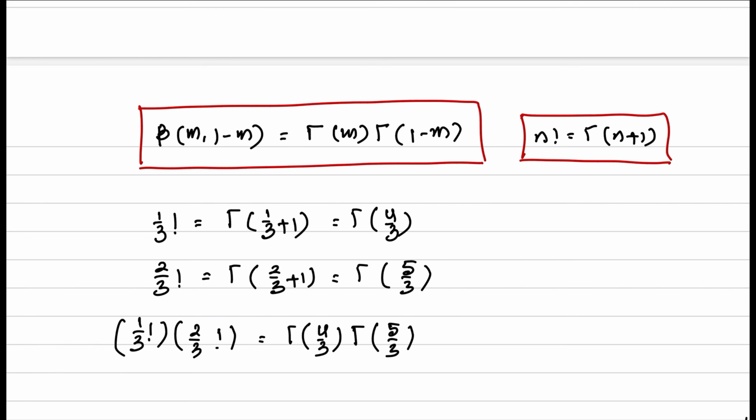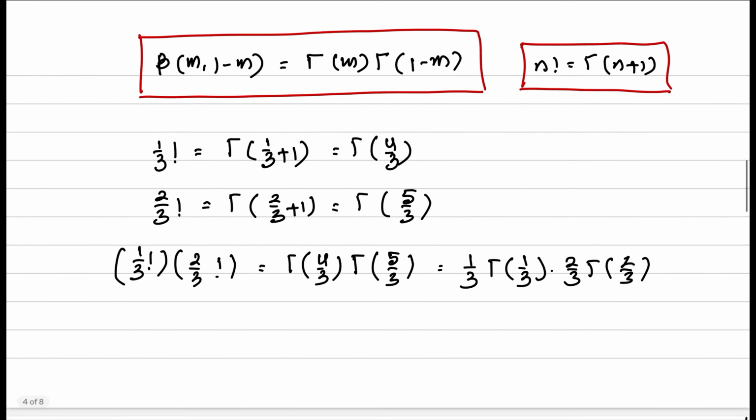What is gamma 4 by 3? 1 by 3 into gamma 1 by 3. Please see my definition previously. What is gamma 5 by 3? That is 2 by 3 into gamma 2 by 3 from the definitions above.